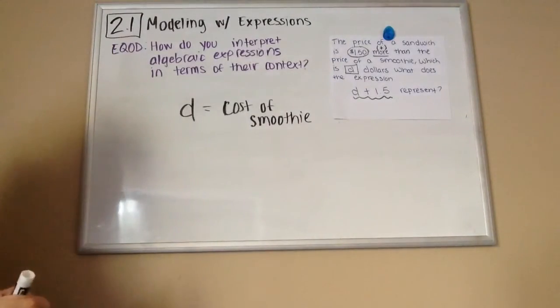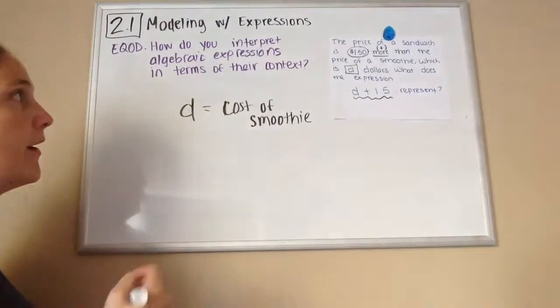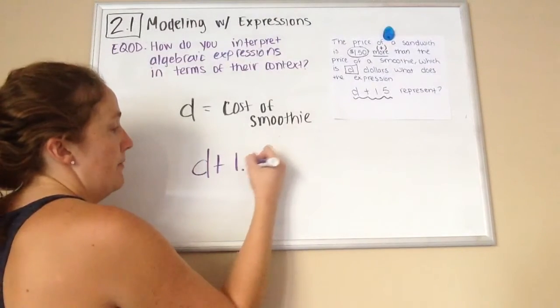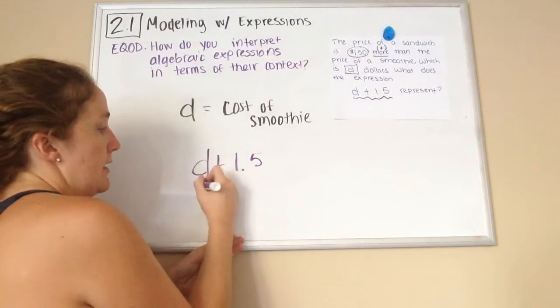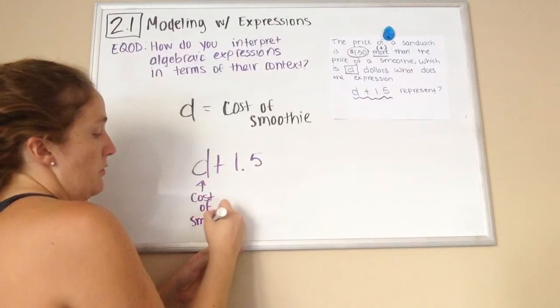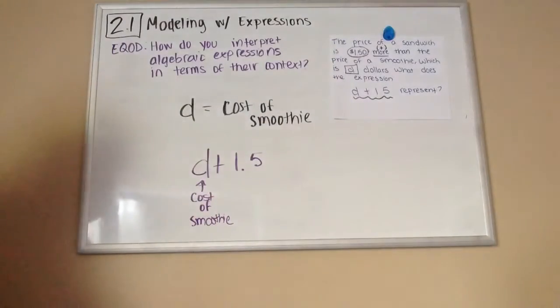So let's think about the cost of a sandwich. A sandwich is $1.50 more, being addition. Okay. So D plus 1.5. So this is the cost of the smoothie plus 1.5.